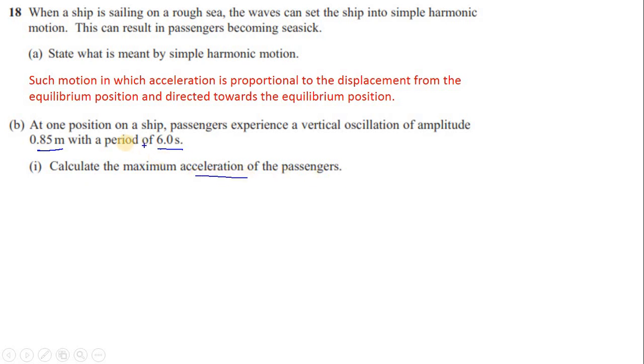We are given the period, capital T, and the amplitude x naught, and we need to find acceleration.